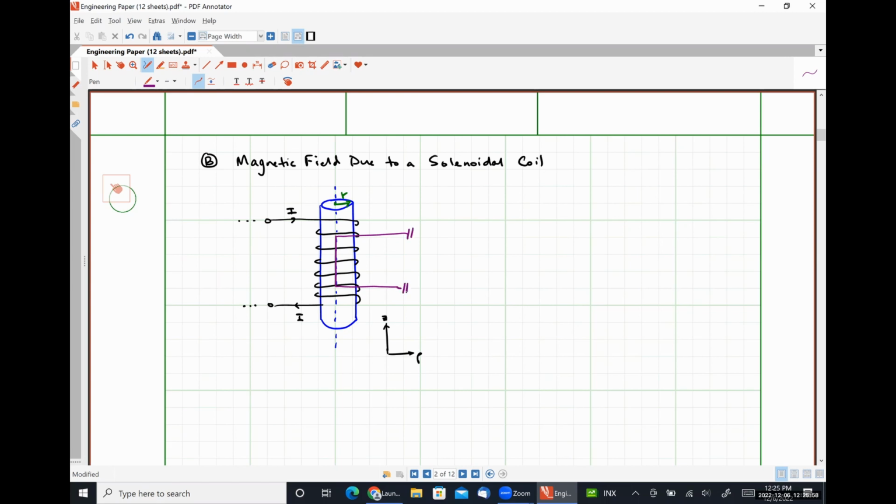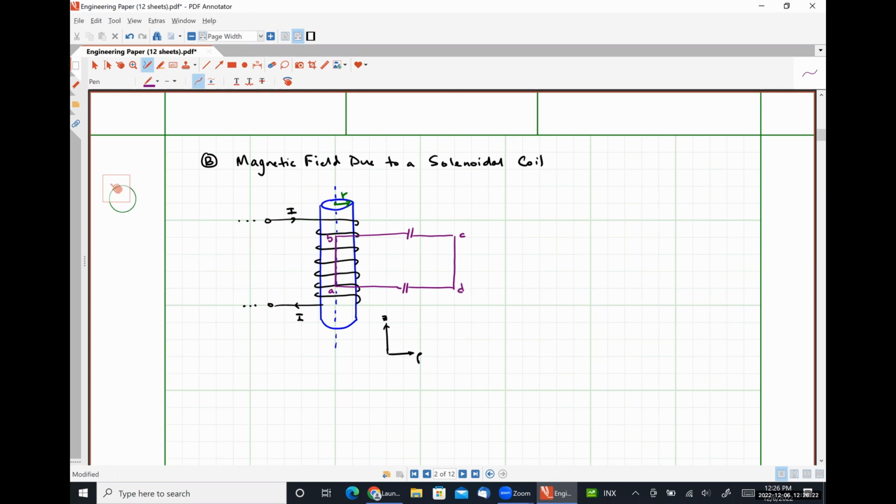Then I have my horizontal legs going out through the surface. And then my other vertical leg is a really long way away. Let's call this A, B, C, and D.